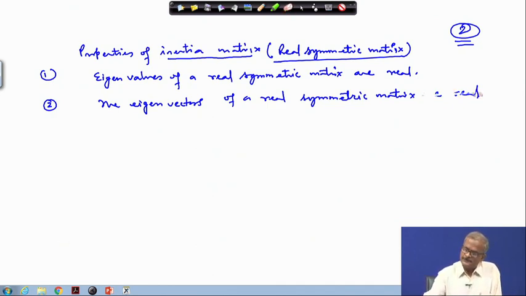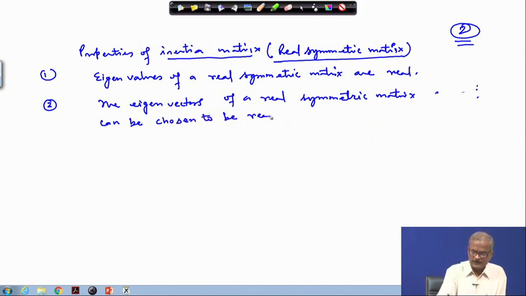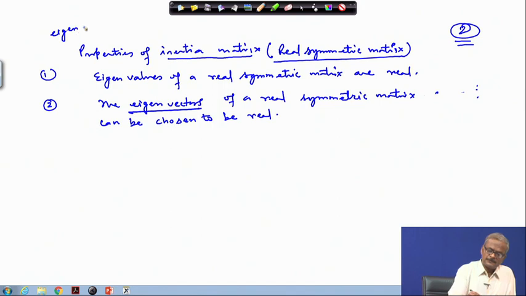Can be chosen to be real, matrix can be chosen to be. So, the eigenvectors we can also choose them to be real. It is written like this, eigenvectors as one term, eigenvalues as one term.